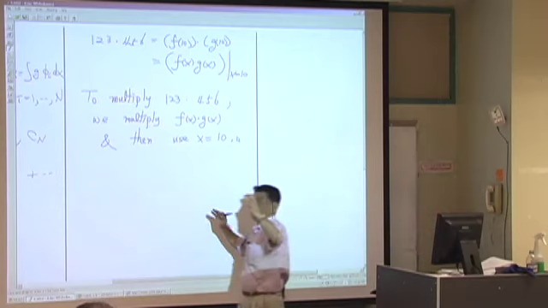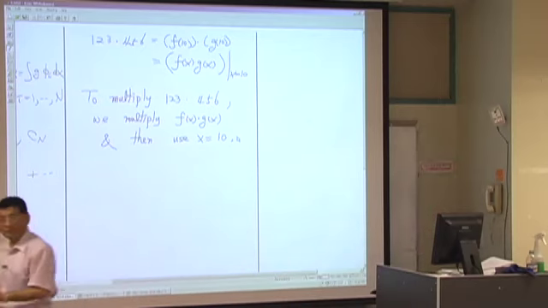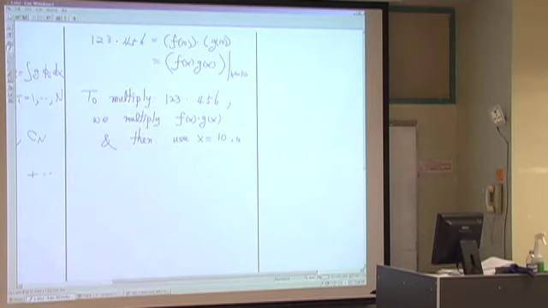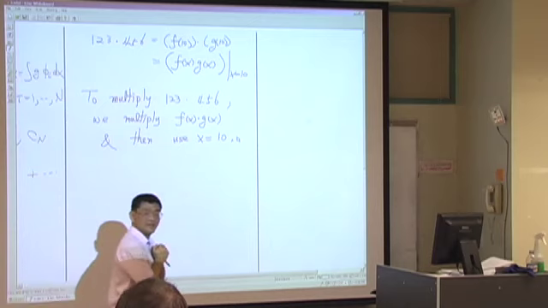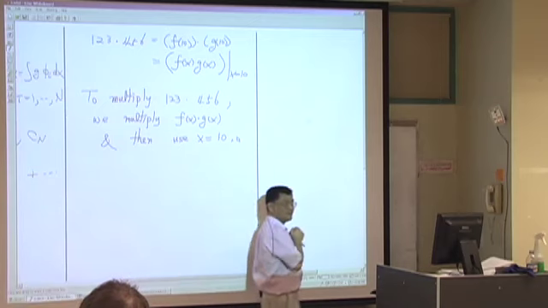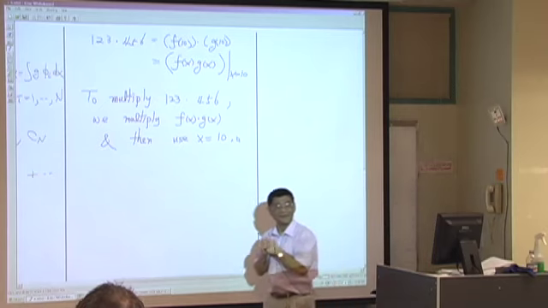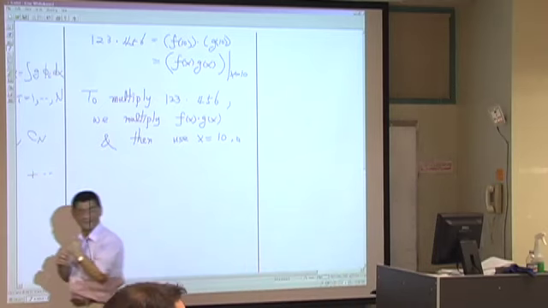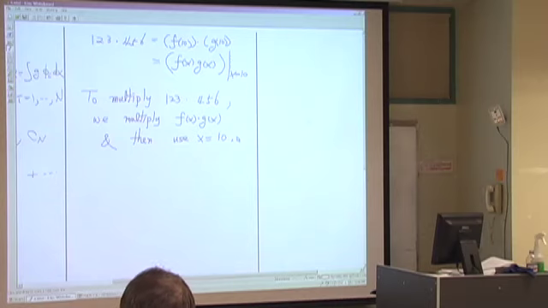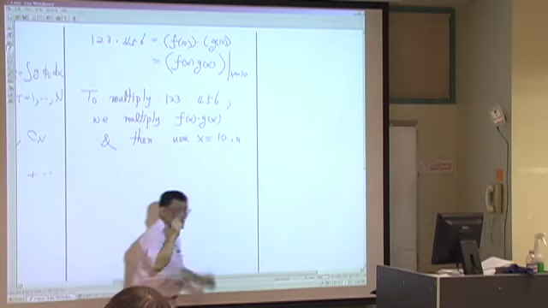Multiply the functions and then apply 10. That's it. So multiply f of x and g of x and then use 10. That's the check.